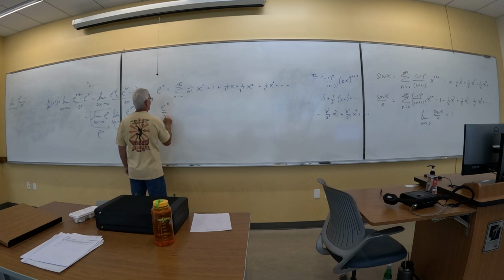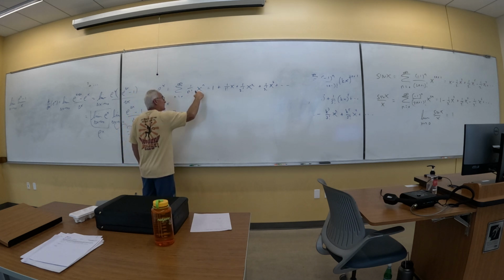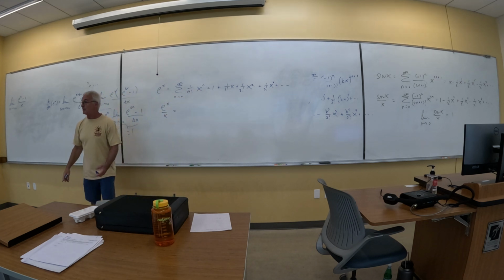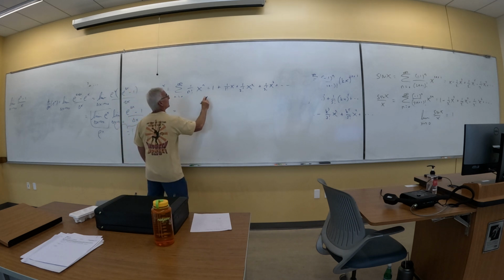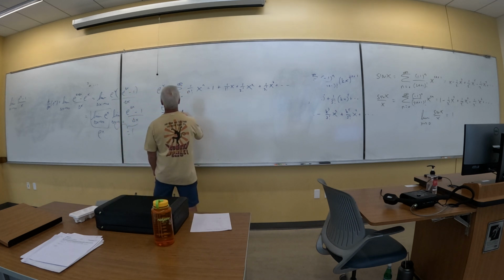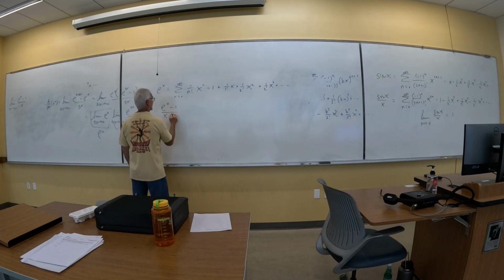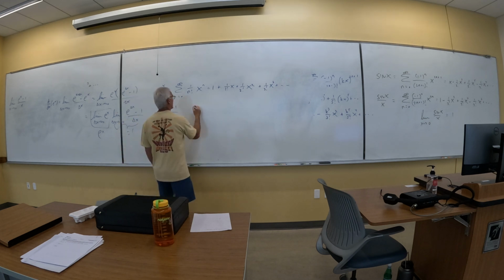Therefore, e to the x over x, I can change that to an n minus 1, and that would be correct. But again, it's hard to see what I'm taking the limit of unless I actually do it on the expansion. So what is this going to be? E to the x minus 1, sorry, over x is going to be this.